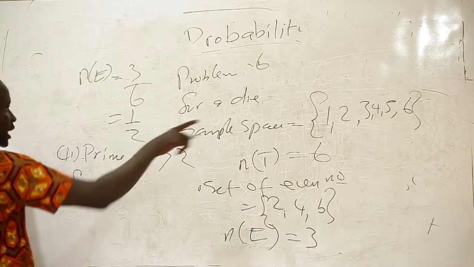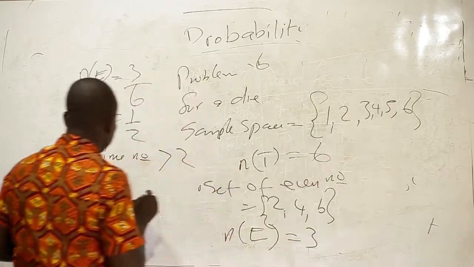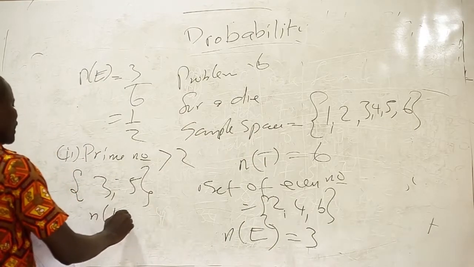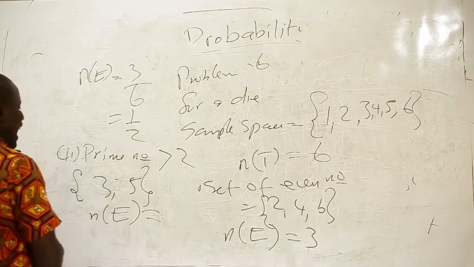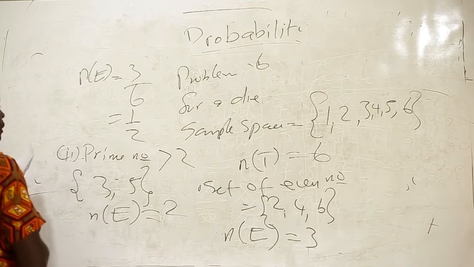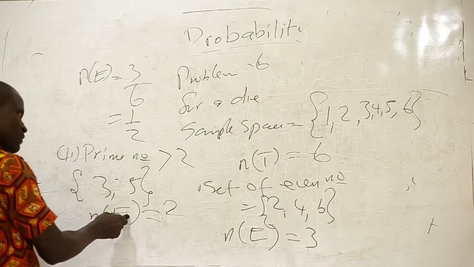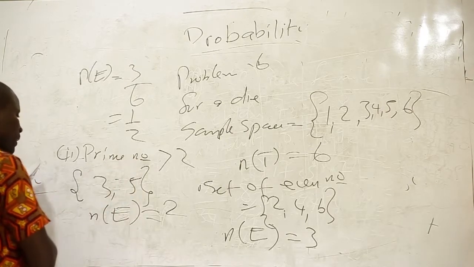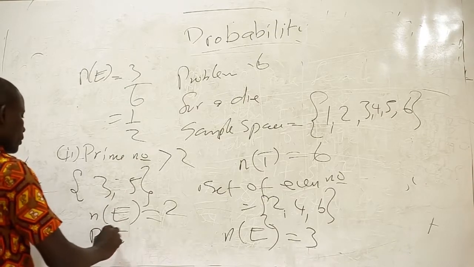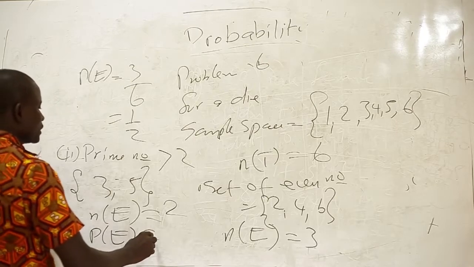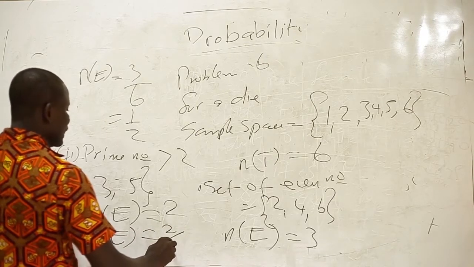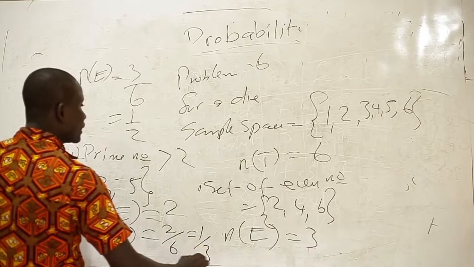So prime numbers greater than 2 in this regard are 3 and 5. So n event, if I say n event, that means n prime numbers, what we are talking about, is 2. E means event, or the prime numbers, what we are talking about, not even numbers, but the event. So P event, or P prime numbers, will be equal to 2 over the total 6, and that will be 1 over 3.